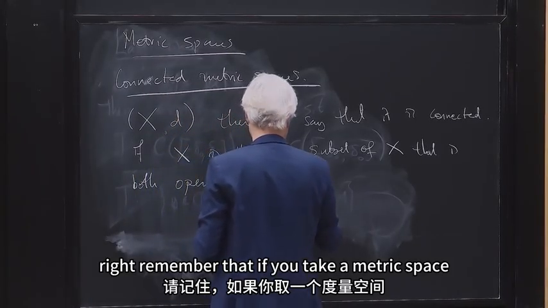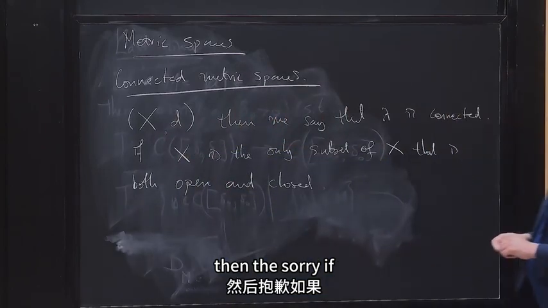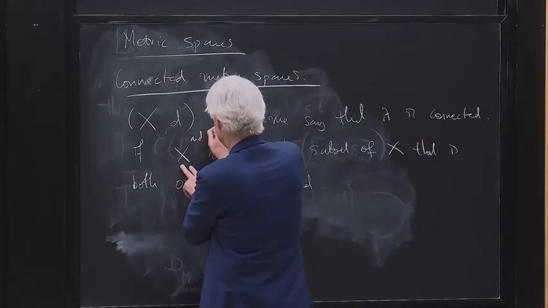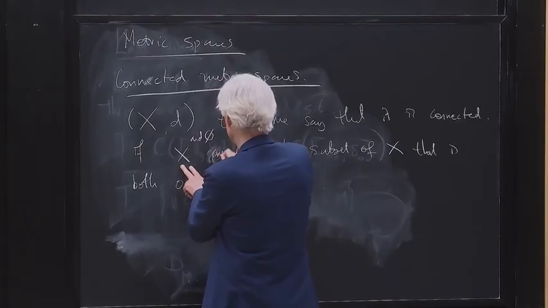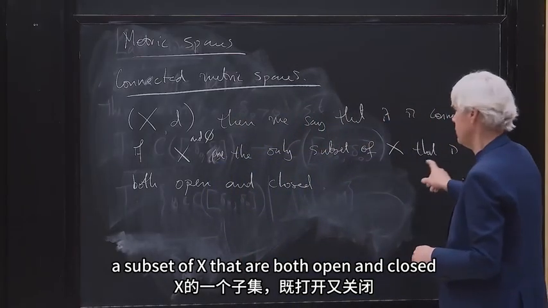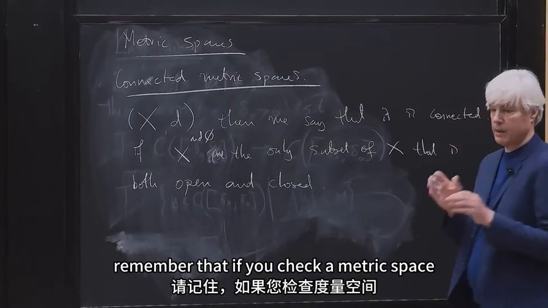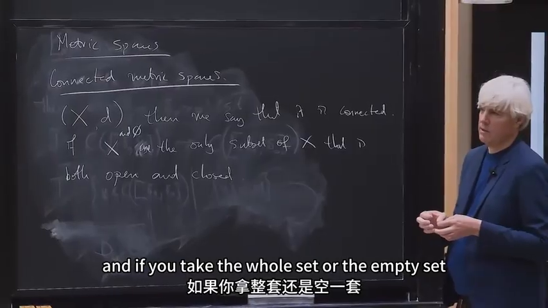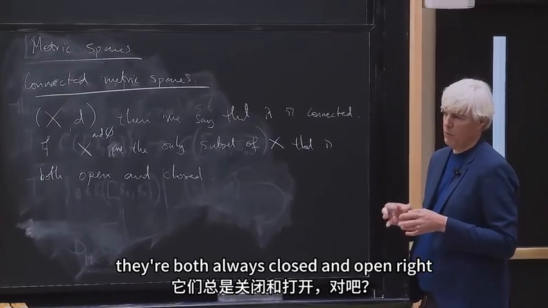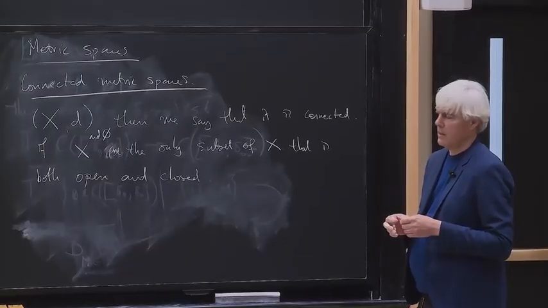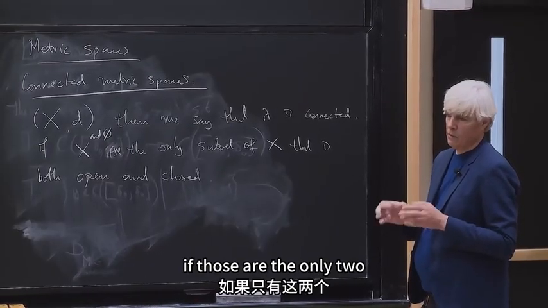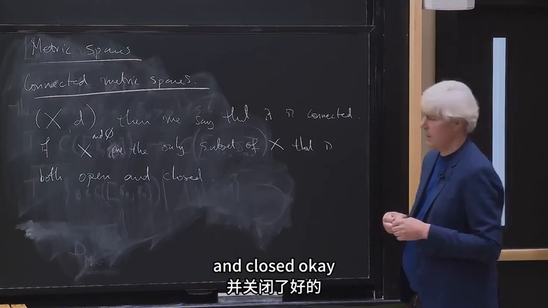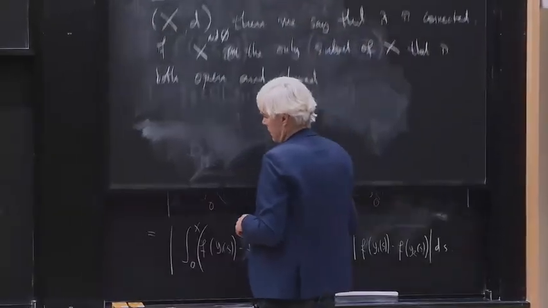Right, remember that if you take a metric space, then X and the empty set are subsets of X that are both open and closed. Remember that if you take the whole set or the empty set, they're both always closed and open, right? And so it's connected if those are the only two subsets that are at the same time open and closed, okay?